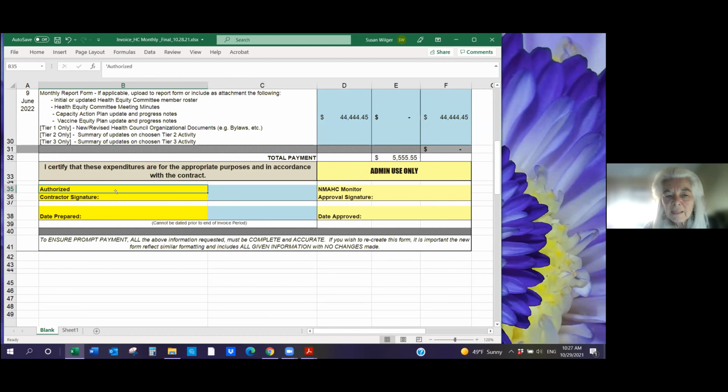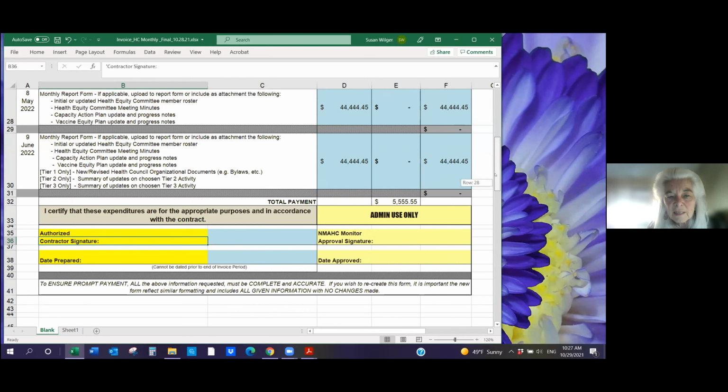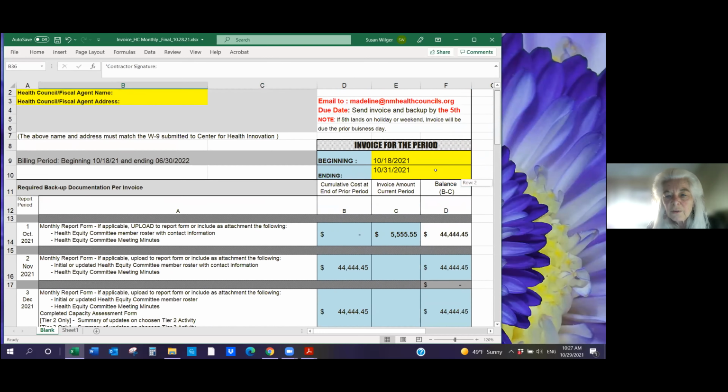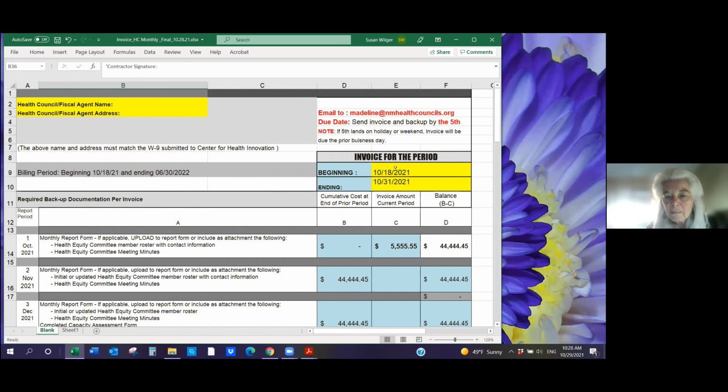So everything highlighted here are the things that Madeline is looking for. Make sure it's signed, dated, you have the correct invoicing, how many months you're invoicing for, which would typically be 1 month, but could be more than 1 month under unusual circumstances, and then your Health Council fiscal agent and address.